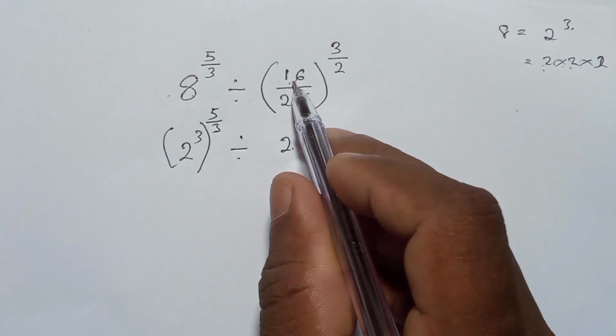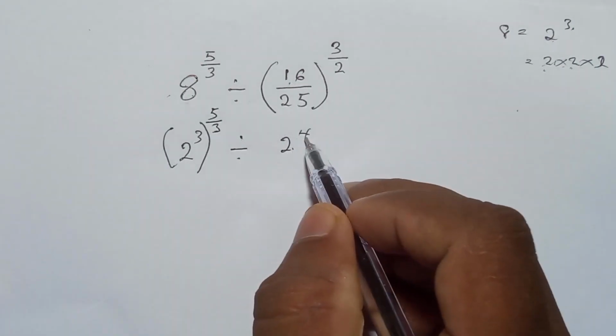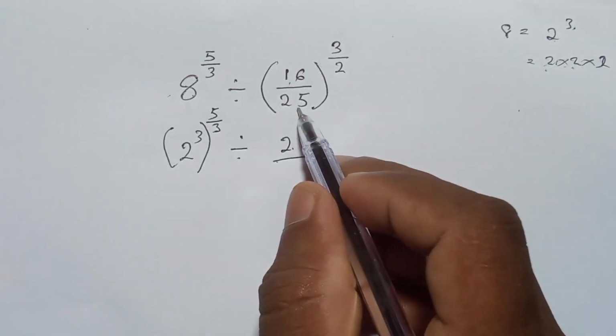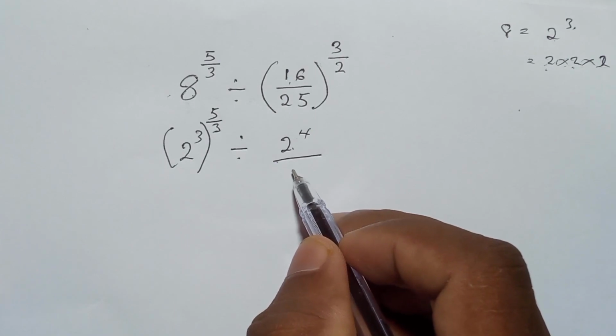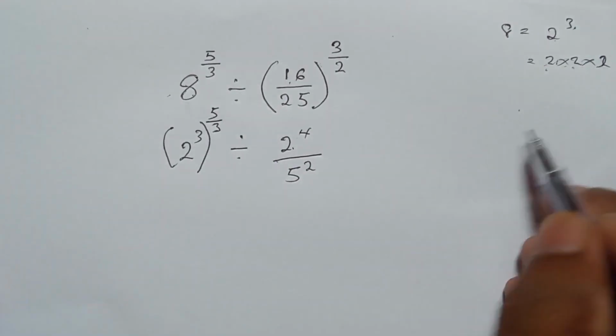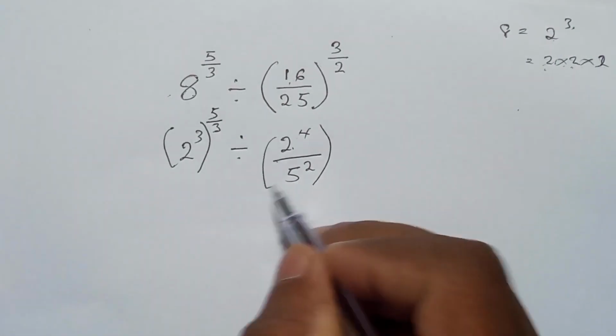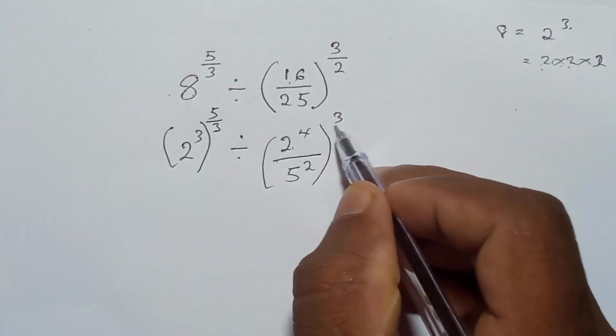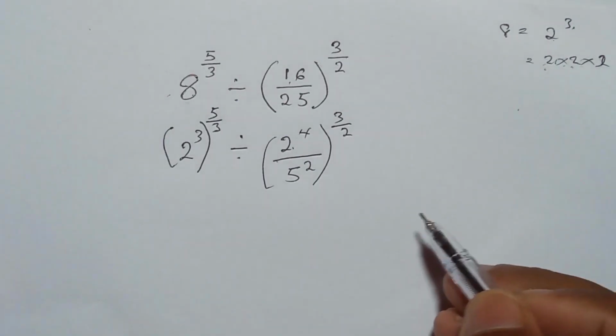So here 16 I wrote 2 to the power 4. Then 25 I can write as 5 to the power 2, 5 into 5. The outside index you keep the same way.